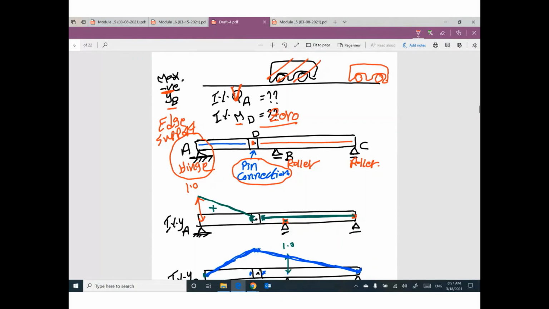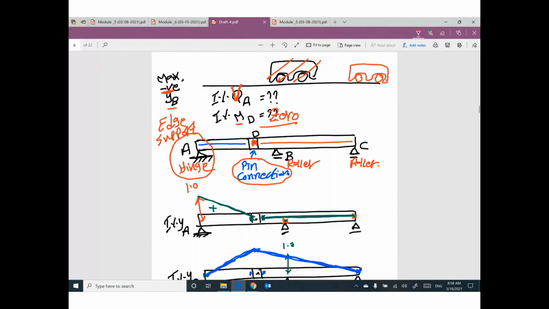Because at any position of any truck, any dead load, any live load, for this connection, which is pin connection, we don't have moment at all, at any time, for any situation. So be smart. If I'm asking for influence line for moment at a point, and this point is pin connection, don't think. It's 0 without thinking.